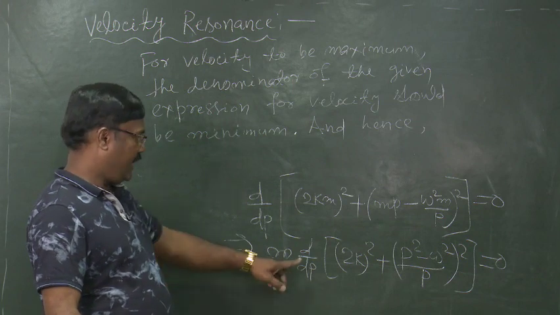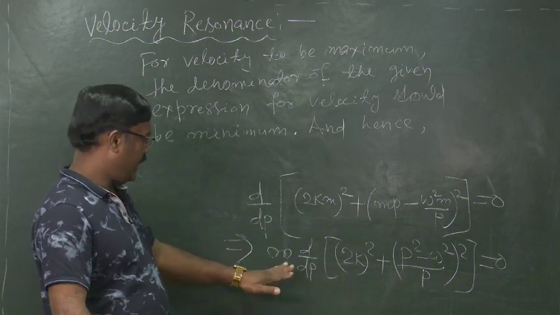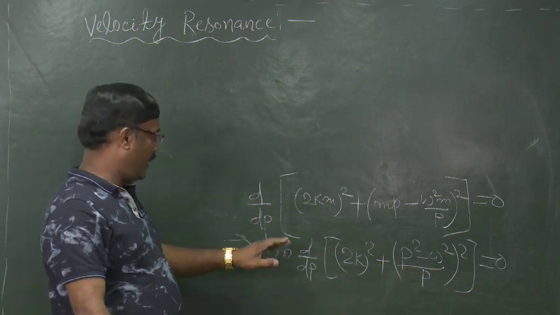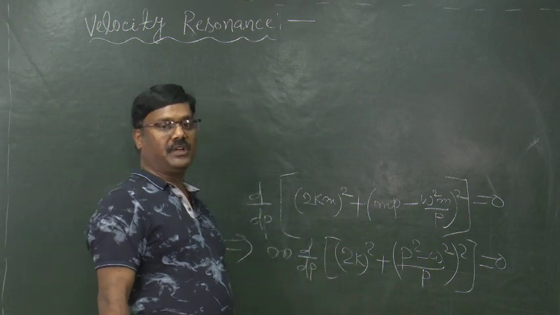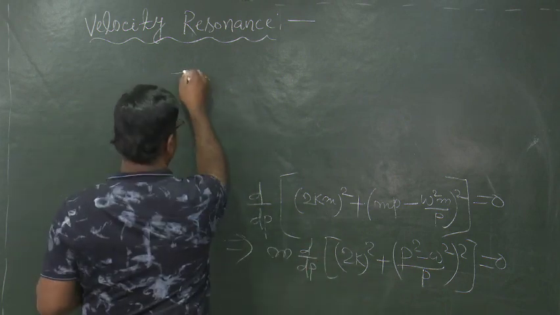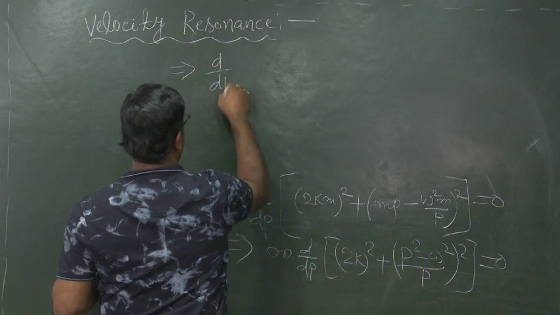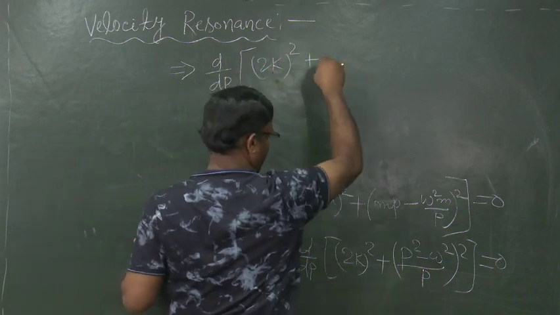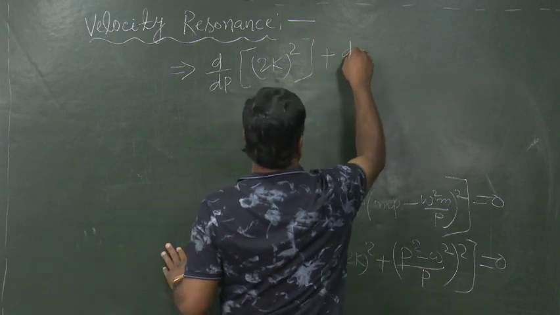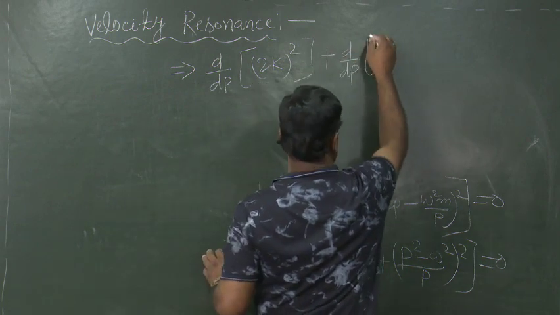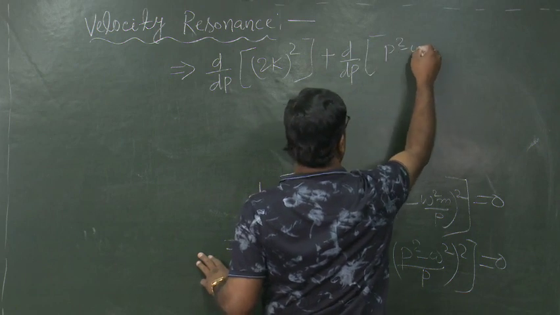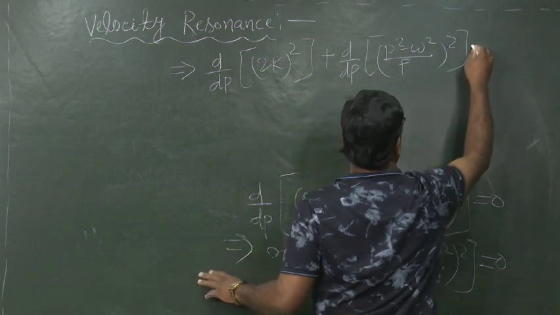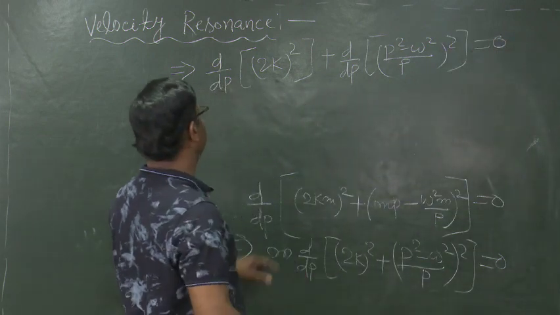Since m is not equal to 0, hence these factors become 0, which implies d by dp of (2k)² plus d by dp of ((p² − ω²)/p)² is equal to 0.